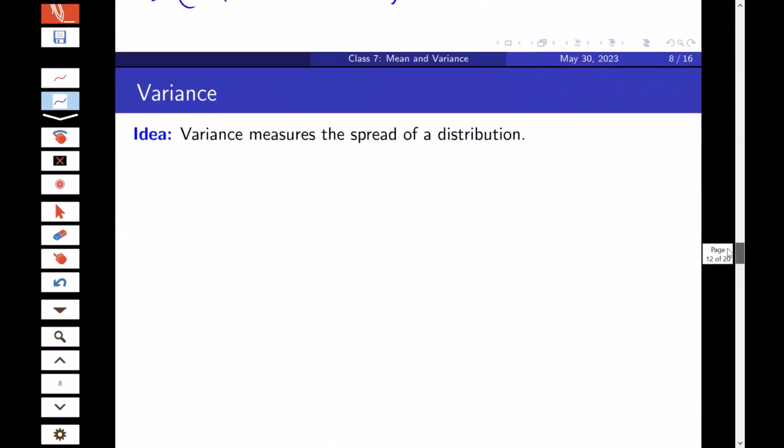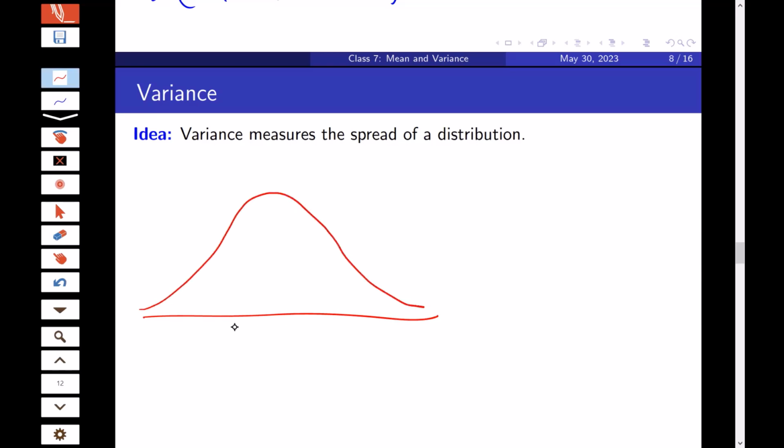So then the last part of this lecture, which is variance. Now let's learn about the variance. Although the mean measures the center of the data set, variance will measure the spread of the data set.